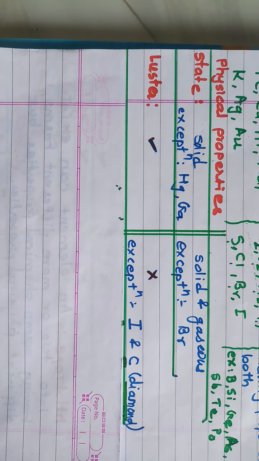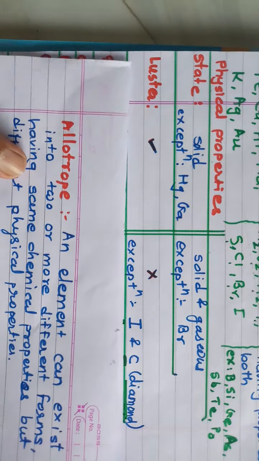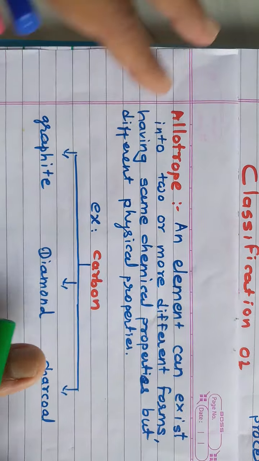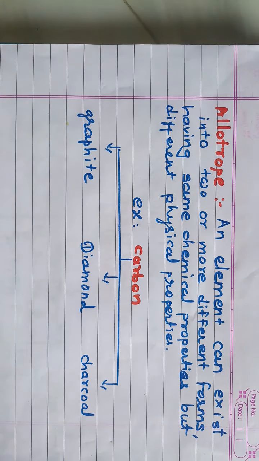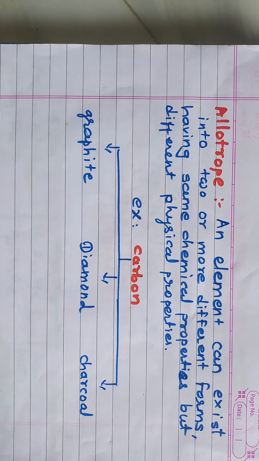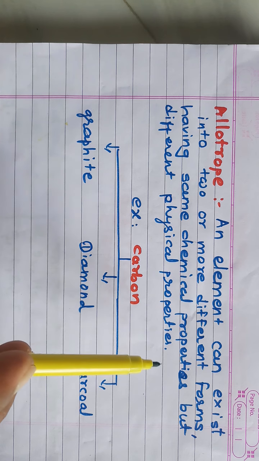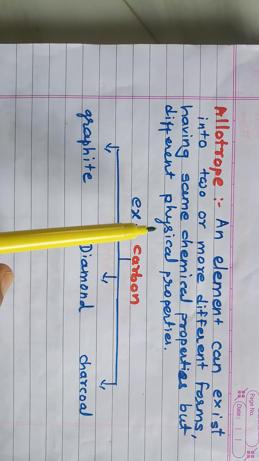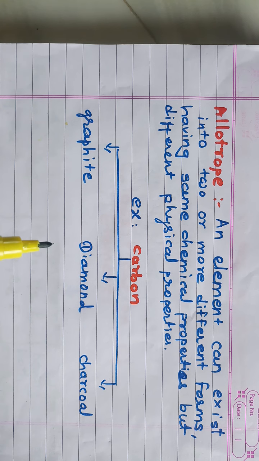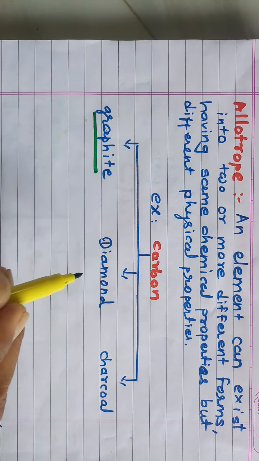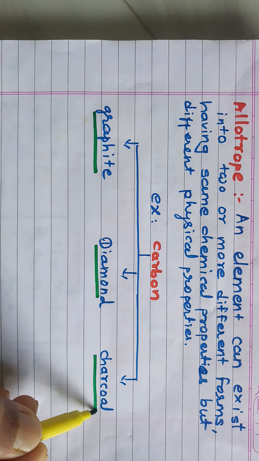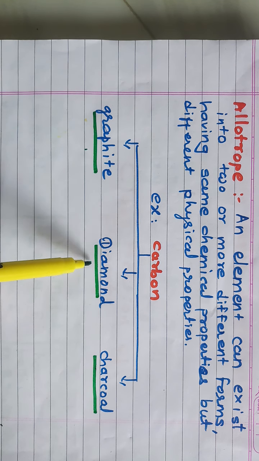Here, first of all, we should know what an allotrope is. Allotropy means an element can exist in two or more different forms having the same chemical properties but different physical properties. The different forms of carbon are graphite, diamond and charcoal.